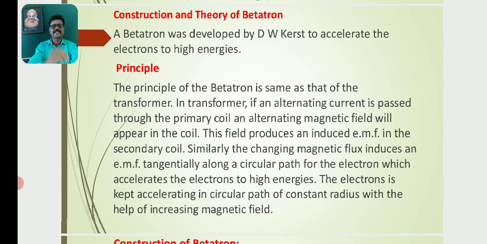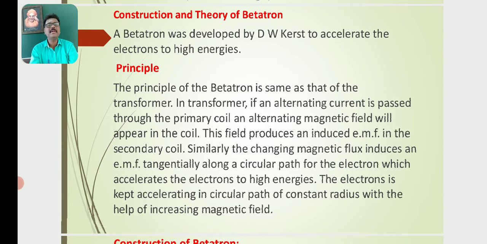Now let us discuss the construction and theory of betatron. A betatron was developed by D.W. Kerst to accelerate electrons to high energies. Then what about the principle of betatron? The name itself indicates that it accelerates beta particles, so-called electrons. The principle of the betatron is the same as that of the transformer.